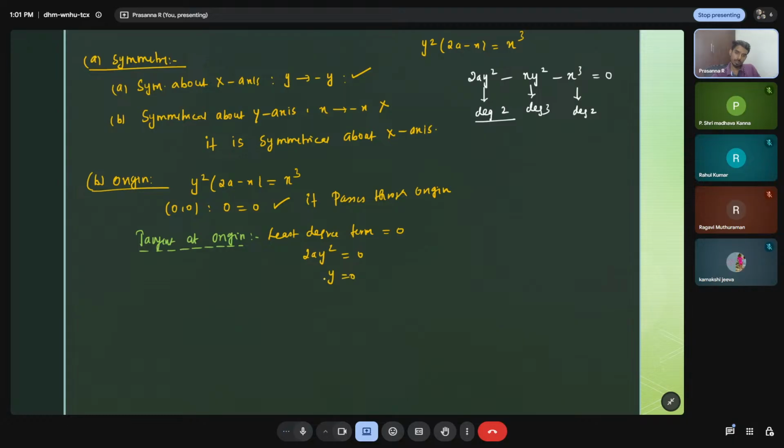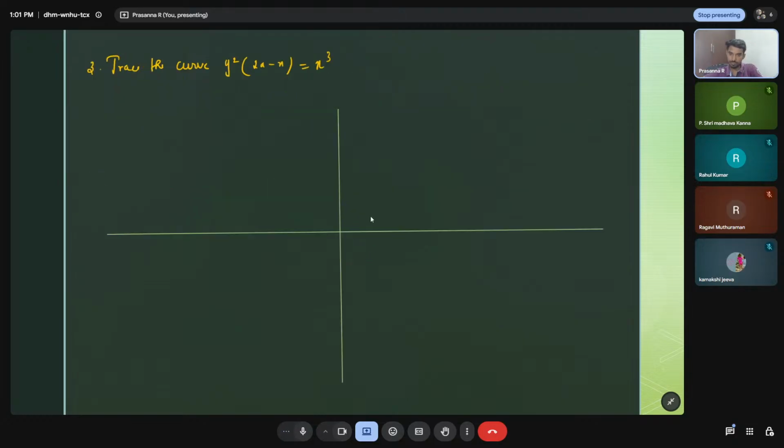Don't equate the coefficient, equate the least degree term to 0. So 2a y square is equal to 0, which means y is equal to 0. So it has a tangent at y is equal to 0.